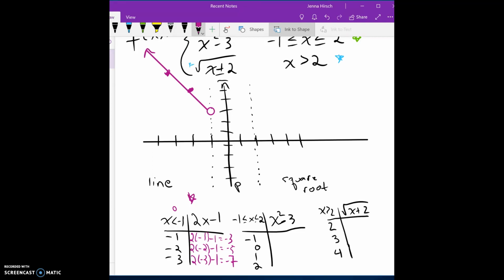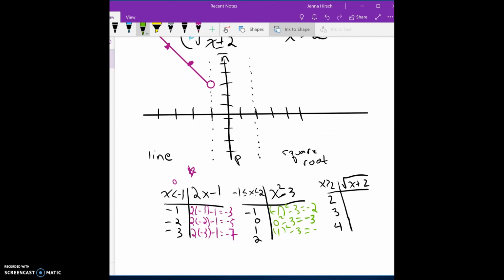Now let's go to our middle piece of the function. We'll do that one in green. When I input -1, -1 squared minus 3: -1 squared is 1, and 1 minus 3 is -2. 0 squared minus 3 is -3. 1 squared minus 3 gives us -2, and 2 squared minus 3 gives us 1. Let's graph these ordered pairs.